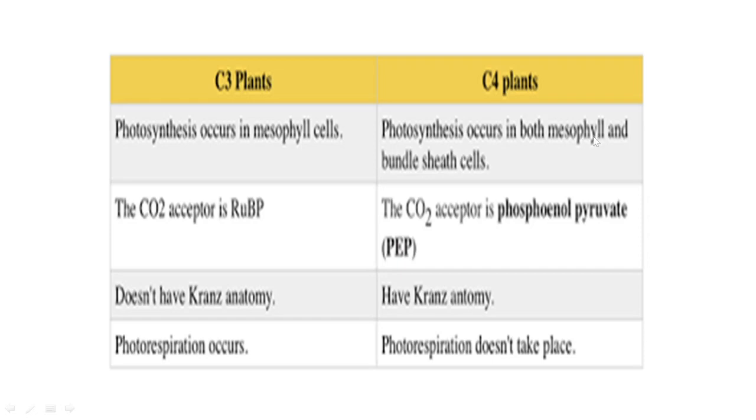Biochemical phase: in C4, a part in mesophyll cells and completed in bundle sheath cells. In C3, the carbon dioxide acceptor is RuBP. In C4, the carbon dioxide acceptor is phosphoenol pyruvate. C3 plants do not have Kranz anatomy, that means they do not have the regular circular arrangement of bundle sheath cells, whereas C4 plants have Kranz anatomy. In C3, photorespiration occurs. In C4, photorespiration does not occur.